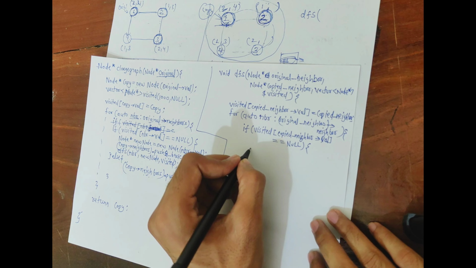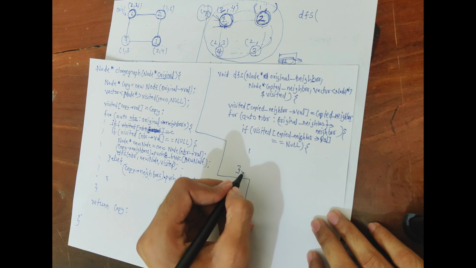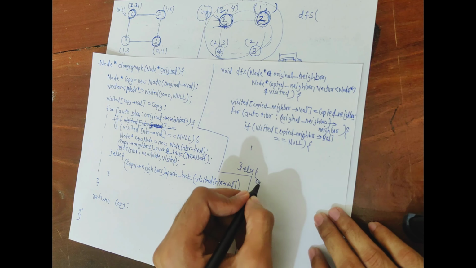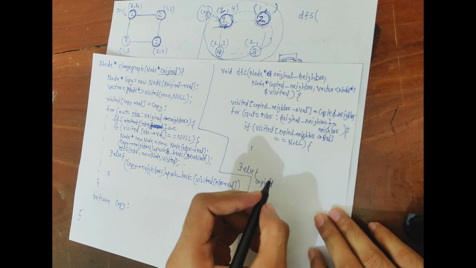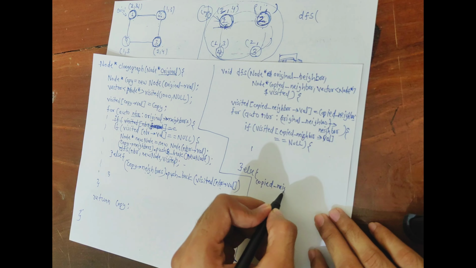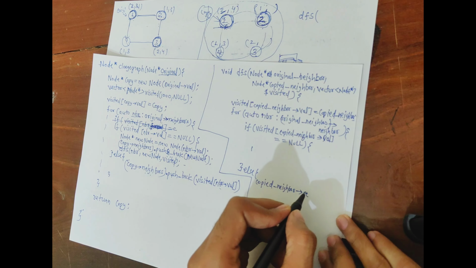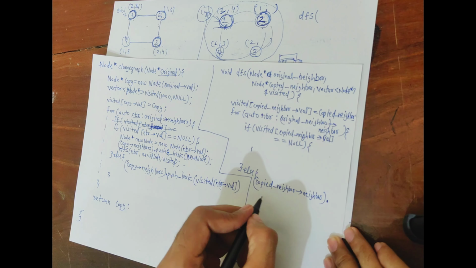And in the else part, what I do is, this is the copied 2, so in the copied neighbor I will push back.